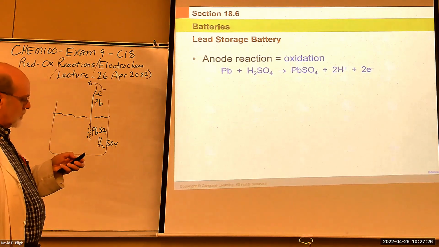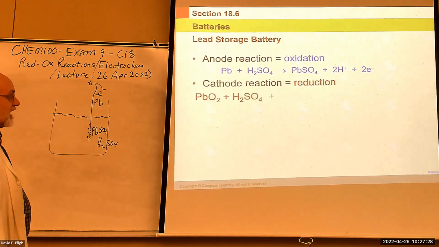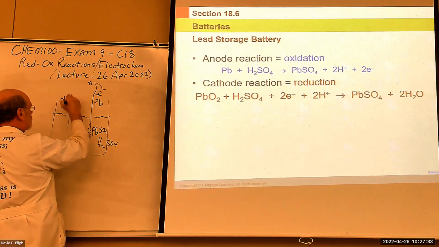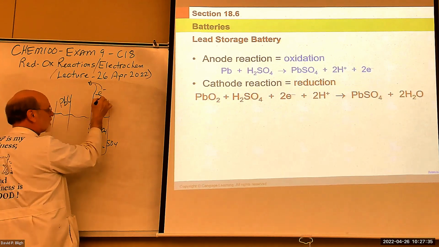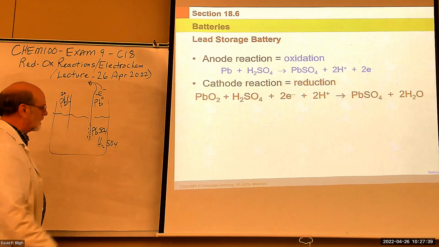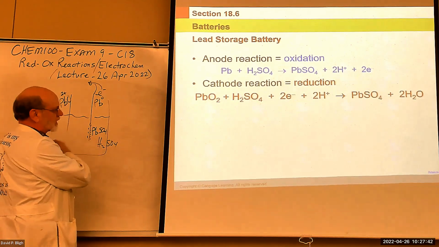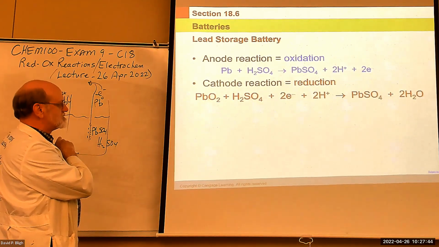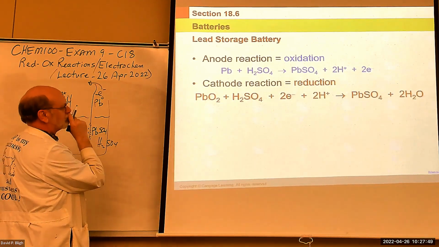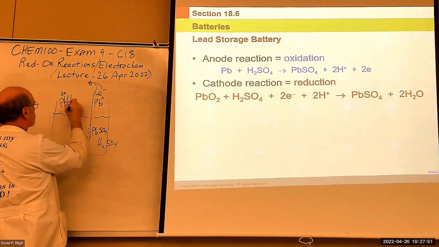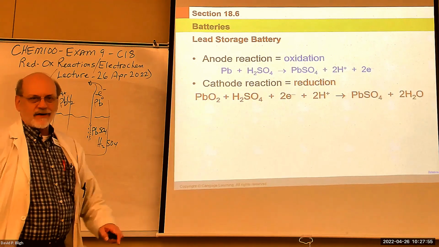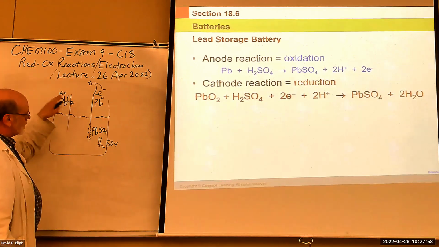So where do those electrons go? Well, they go to the cathode. There's another plate over here that's made of lead oxide. The lead had a 0 oxidation state. This one has a 4+ oxidation state for the lead oxide.